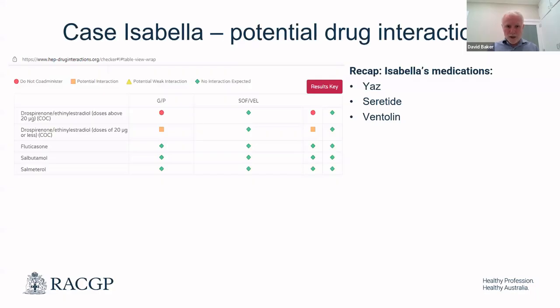So with Isabella, she could actually use both drugs. If someone's on an oral contraceptive, even if it's a low dose, I often would use sofosbuvir-velpatasvir just because there are no concerns about interactions with any estrogens. We can see also that sertraline and Ventolin are completely safe. Next slide.